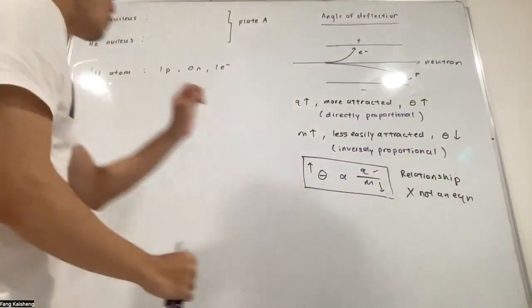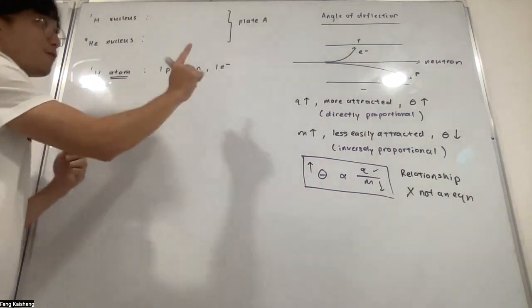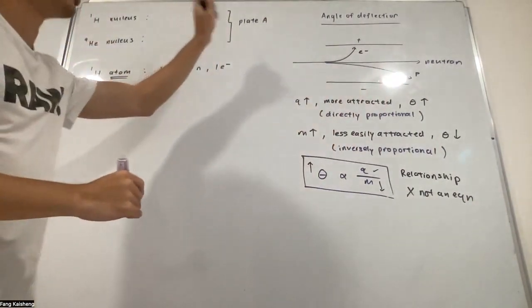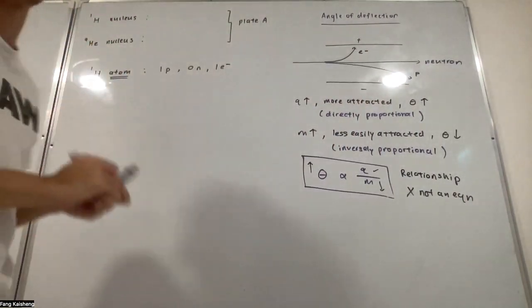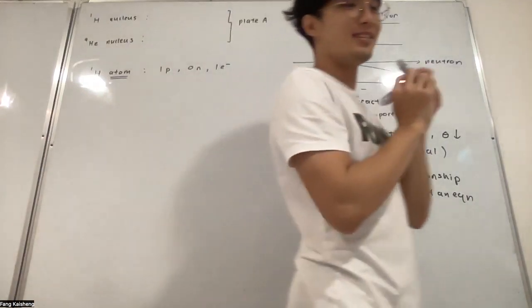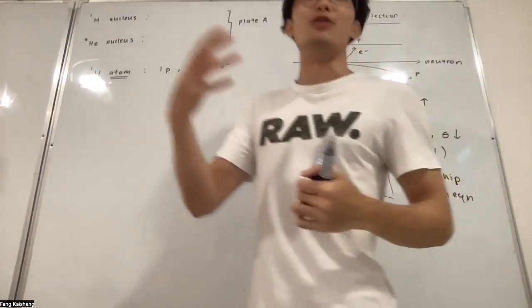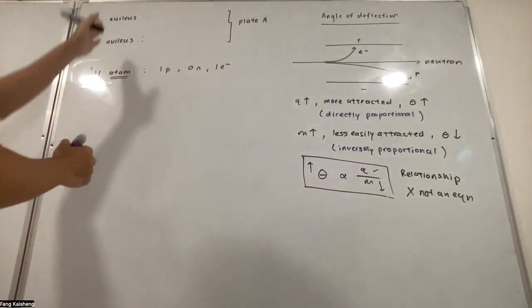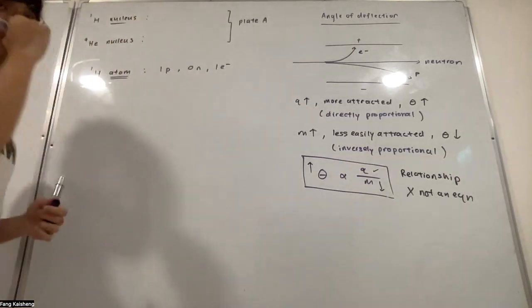So if I were to put a hydrogen atom through the field, it's just going to go straight. But why is it that it deflects towards a plate in this case? Did they use the word atom in this question? No. What did they use instead? Nuclei. Nuclei is the plural for nucleus. What's the difference between atom and nucleus?